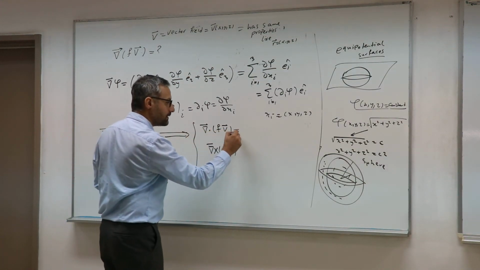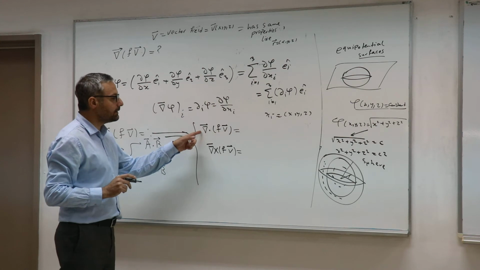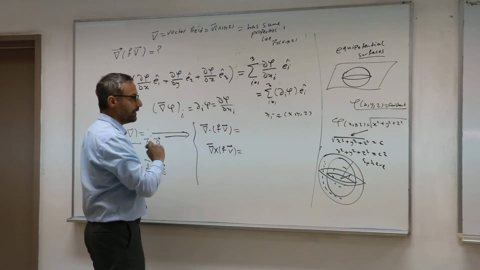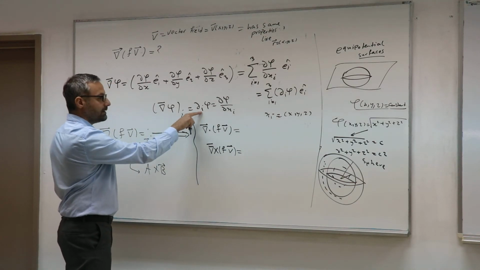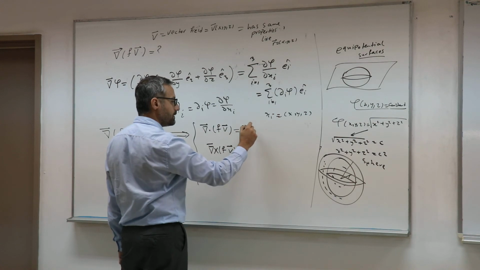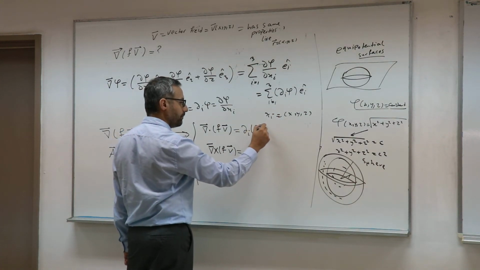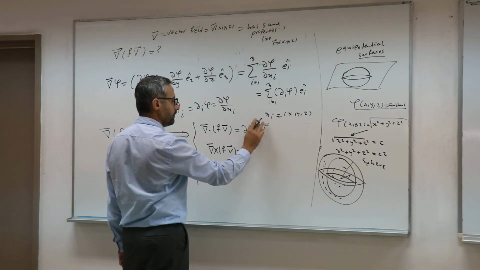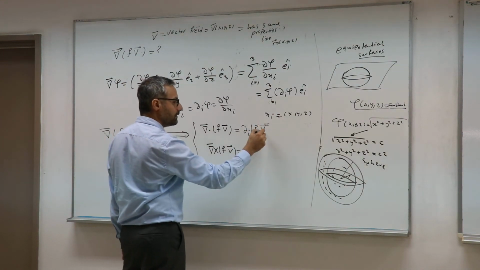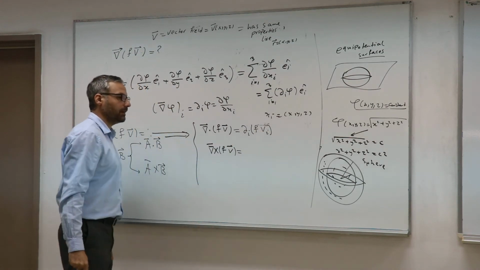Okay, let me write this. What is the dot of the two vectors? The gradient of anything is just the partial derivative of that. So the partial derivative of this, and this is a dot, so it should be the i component.